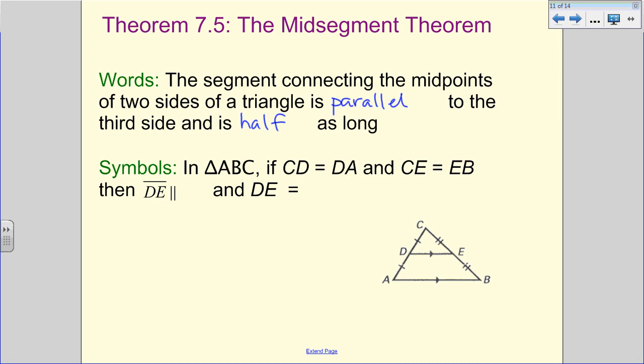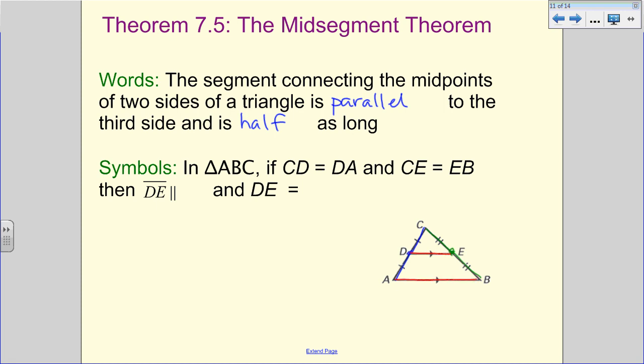So when we're looking at now the entire side, not just segments, we're looking at a full length. So what this means in words, if we're looking at triangle ABC, if CD is equal to DA, so we have this mid-segment, and we have CE is equal to EB, making this a mid-segment, and we know that DE is parallel to AB.